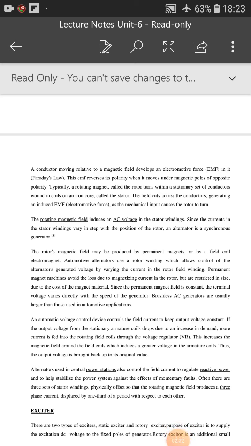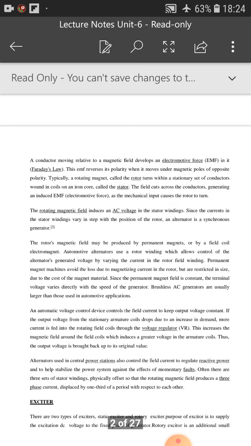Typically, a rotating magnet, called the rotor, turns within a stationary set of conductors wound in coils on an iron core called the stator. The field cuts across the conductors, generating an induced EMF, electromotive force. As the mechanical input causes the rotor to turn, the rotating magnetic field induces an AC voltage in the stator winding.